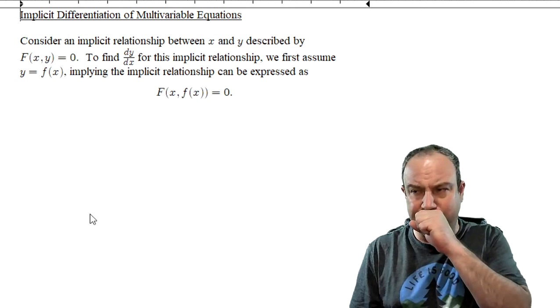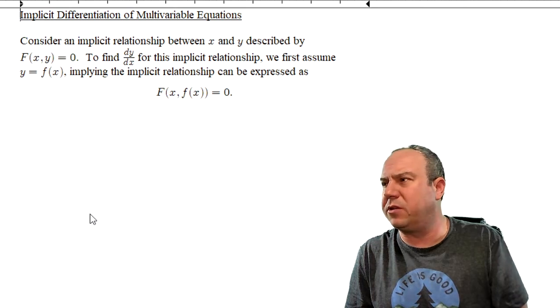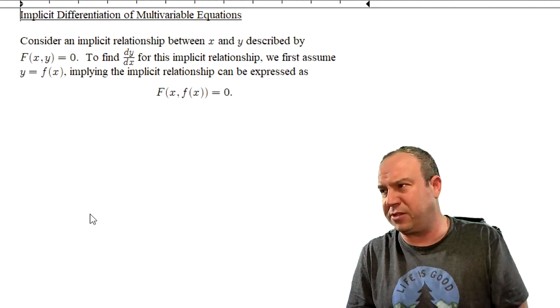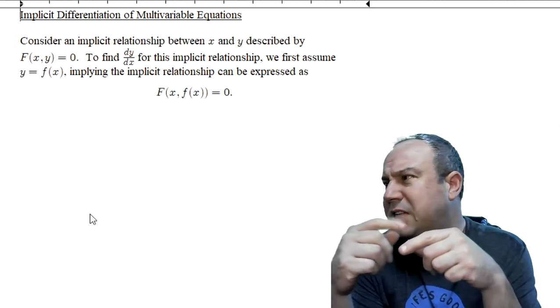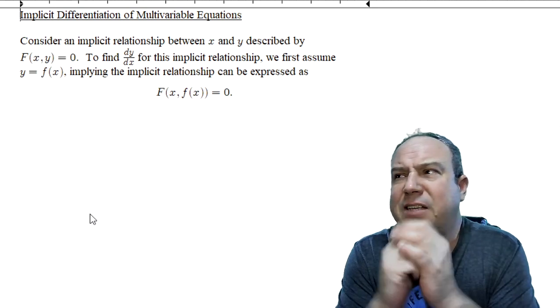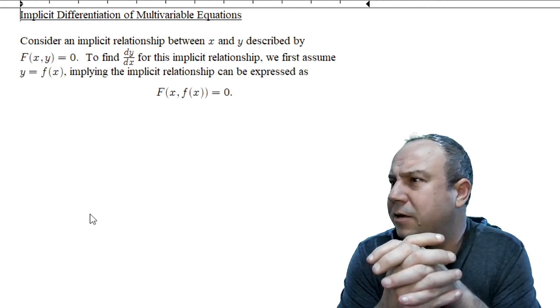What we begin with here is considering an implicit relationship between x and y. Remember, an implicit relationship is not a relationship that explicitly states one variable in the context of the other.